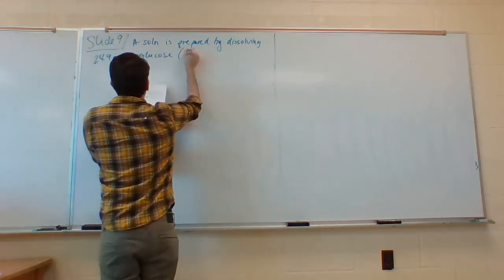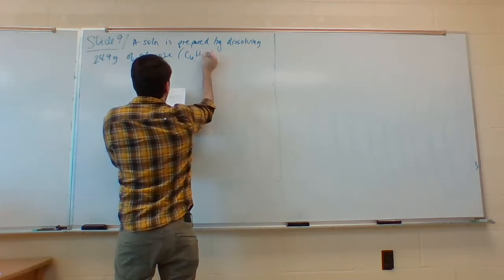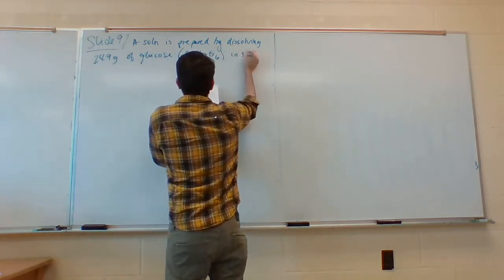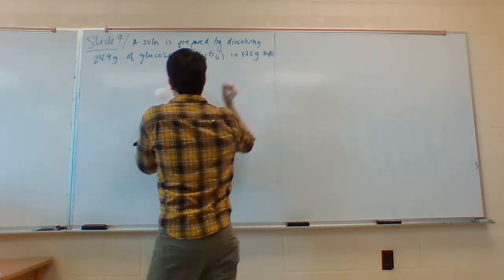Now, glucose is different than sucrose. Glucose is C6H12O6, and it gets dissolved in 375 grams of water.